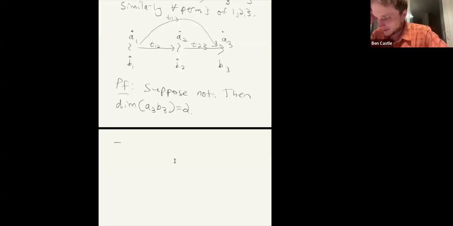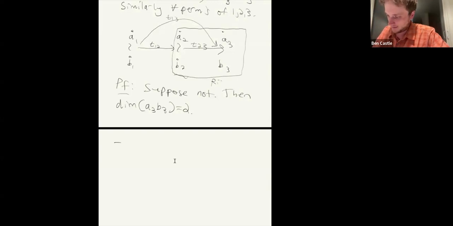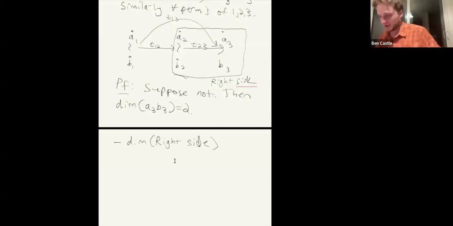Right. So let's make some dimension computations. So let's compute the dimension of the right side. This is the right side, everything on the right. So what is the dimension of the right side exactly? Well, we can start with the top right, which is a non-trivial configuration.